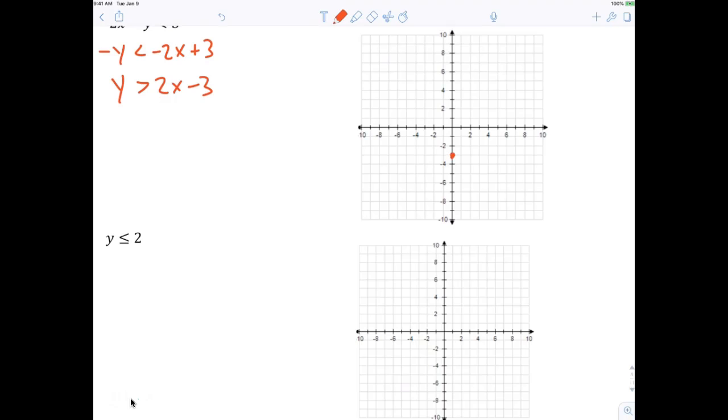Then from there, I go up 2, right 1. What type of line? Dotted line. And now I'm doing what? Greater than, so above. How about that, guys? Easy enough, correct?